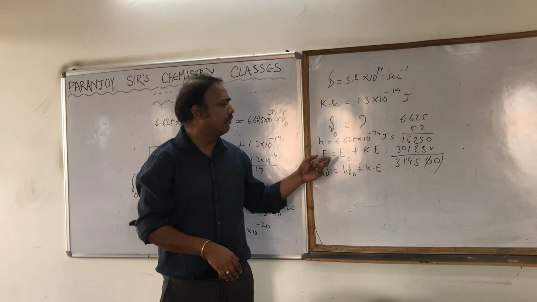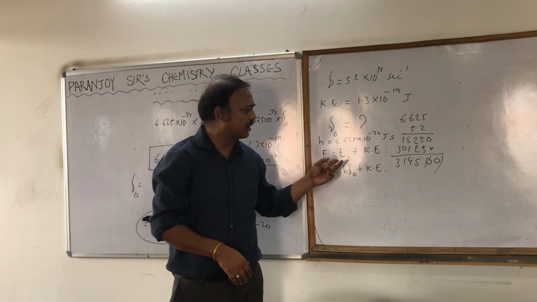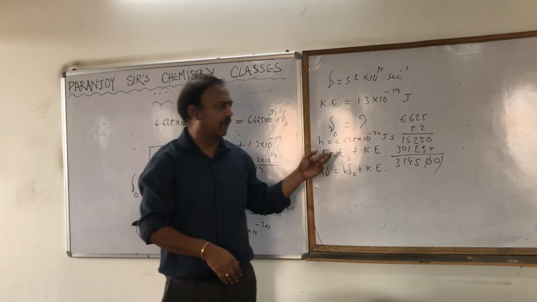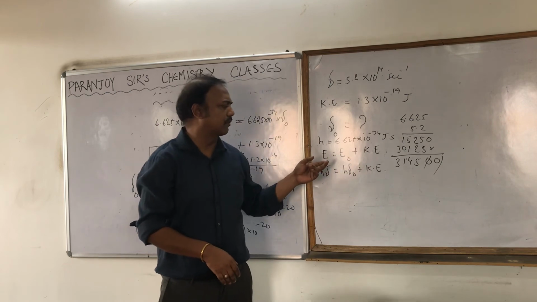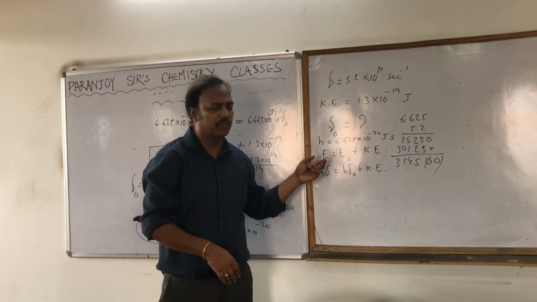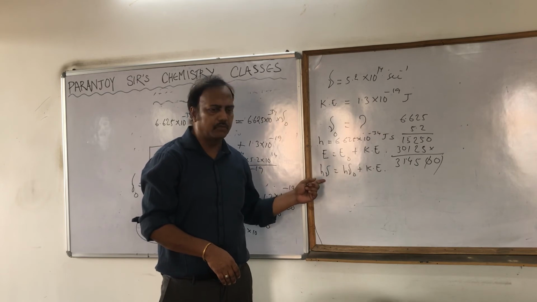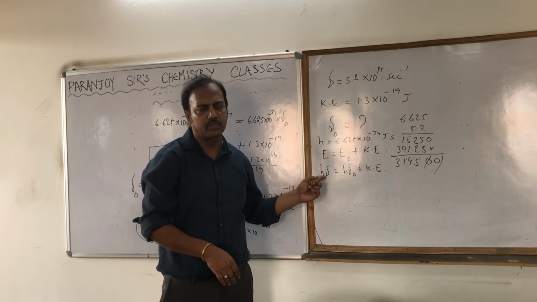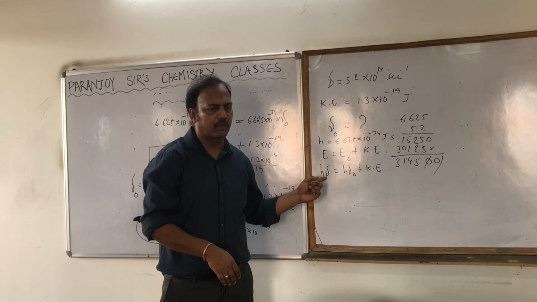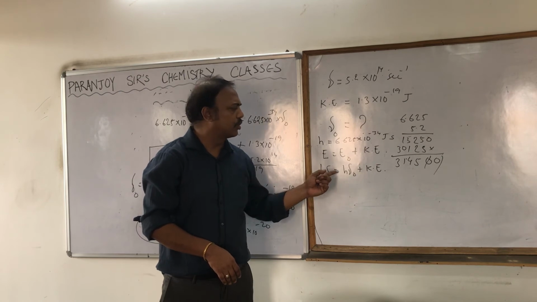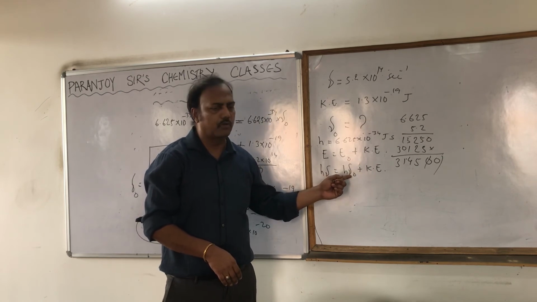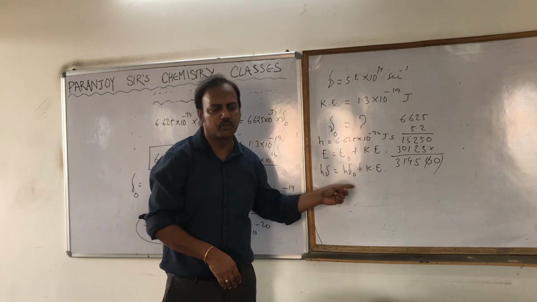Now if we use Planck's equation in this equation, what do we get? E is the energy of the photon, which can be represented by h nu. h is Planck's constant, and nu is the frequency of the electromagnetic radiation. This should be equal to h nu 0, where nu 0 is the threshold frequency.